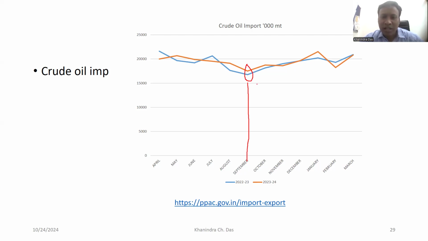And this is repeated in both the years. So there seems to be some sort of seasonality in this series.